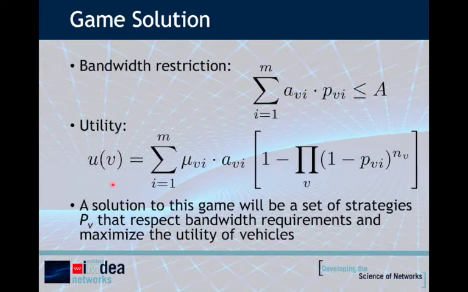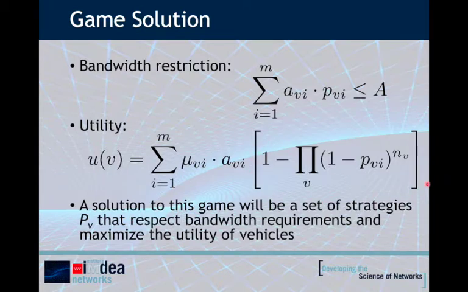And what we want to do is maximize the utility. For a given privacy level V, this would be the expected utility for a vehicle using that privacy level.